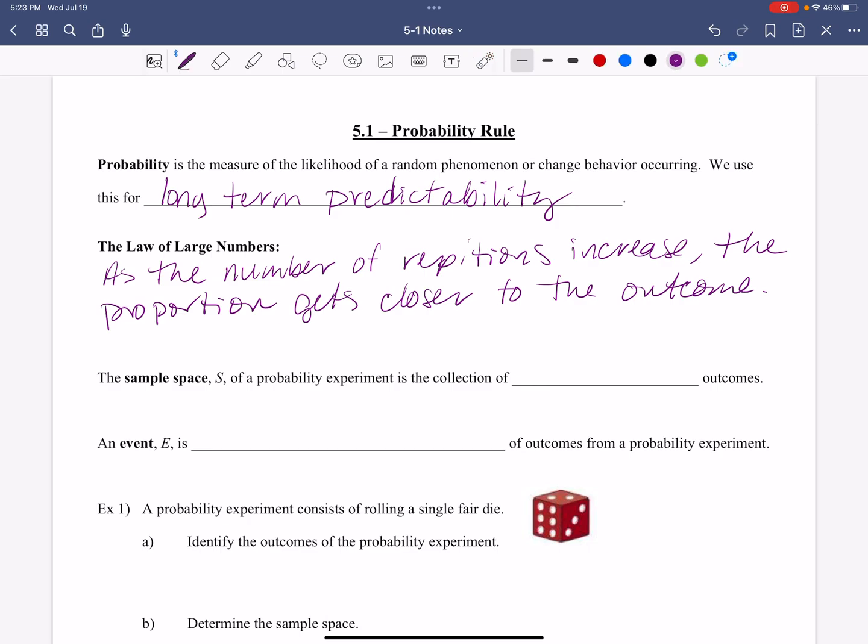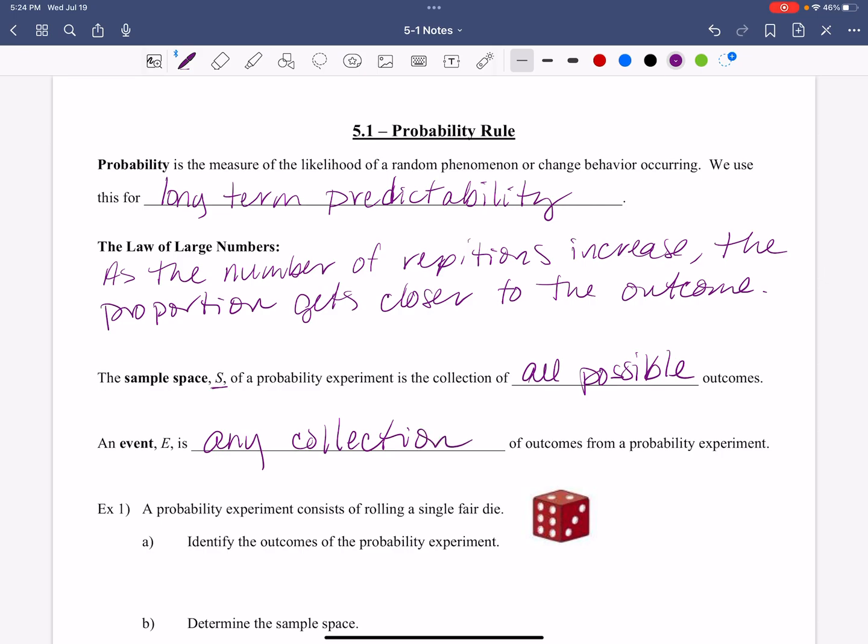Here's a couple more key pieces of vocabulary that we need to use. A sample space, capital S, of a probability experiment is the collection of all possible outcomes. An event, which is capital E, is any collection of outcomes from a probability experiment.